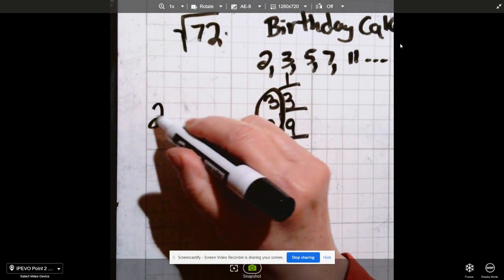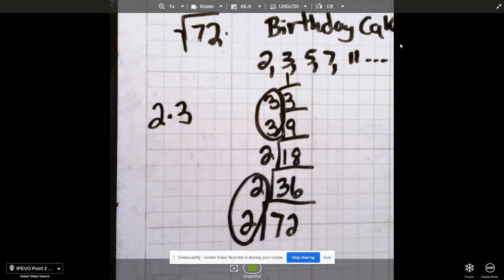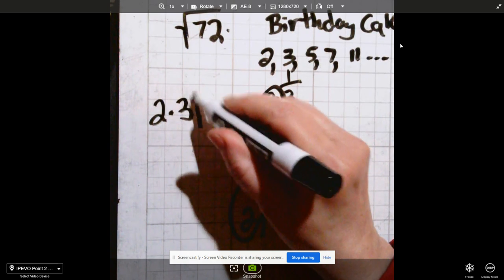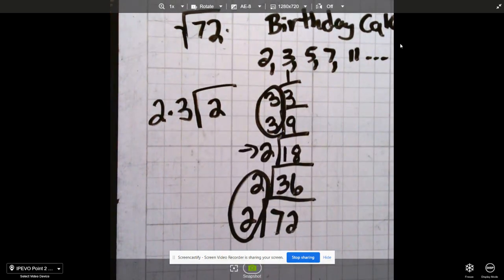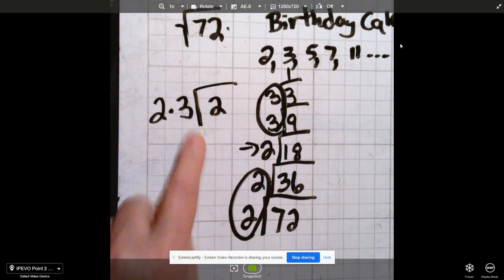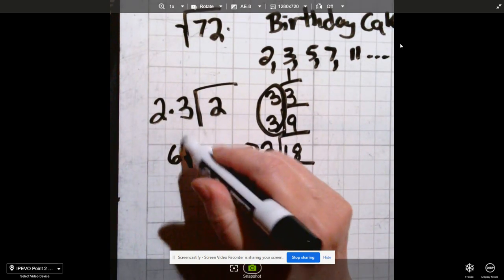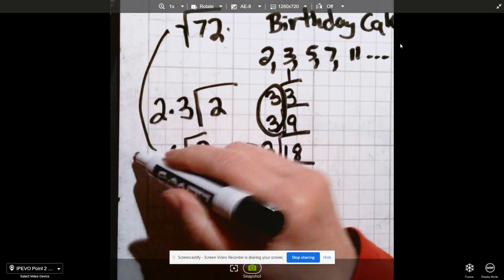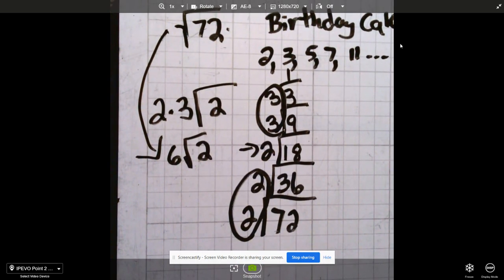So I have a group of 2s and a group of 3s, so they can come outside of the radical. But this number 2 here, he doesn't have any friends, so he has to stay inside. He can't come out and play until he has friends. So now 2 times 3 is 6, so this is 6 times the square root of 2. So you can see we get the same answer regardless of which way we do it. It's just a matter of personal preference and which you like better.